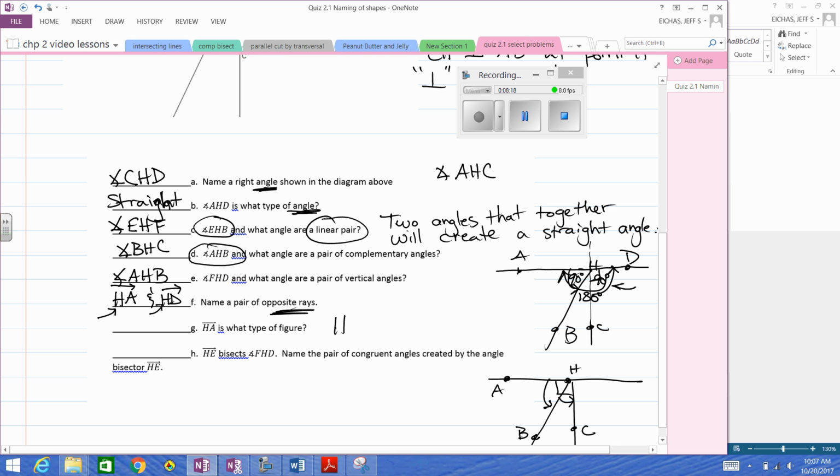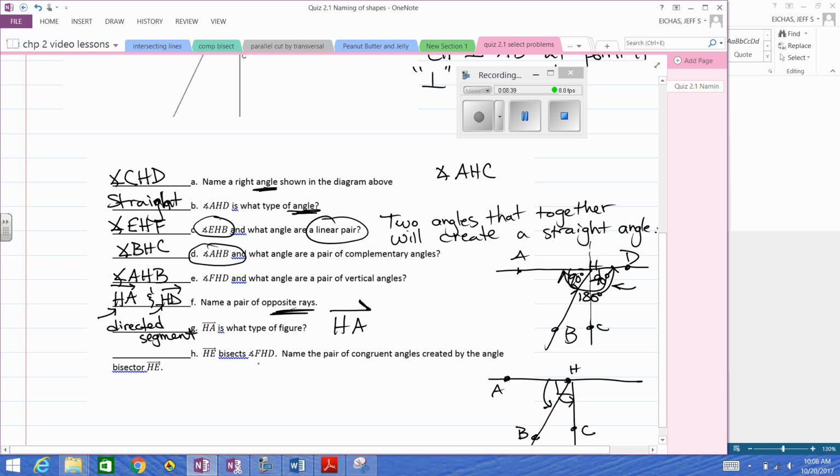Now, HA, it's hard to see, but it's just the top part of the arrow, not a full arrow symbol. So HA with this symbol is a directed segment. We had a lot of trouble with that one.